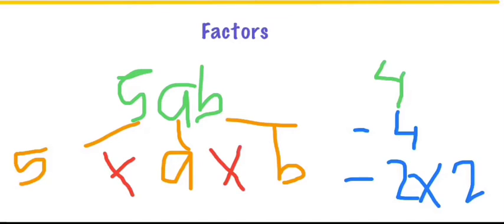I hope that factors of an algebraic expression are clear. I'm just repeating it once again: if I factorize an algebraic expression, that is known as the factorizing method, or I can tell the factors of that particular algebraic expression. As I showed you in the example 5ab, I have to individually separate it and make the factors of that.